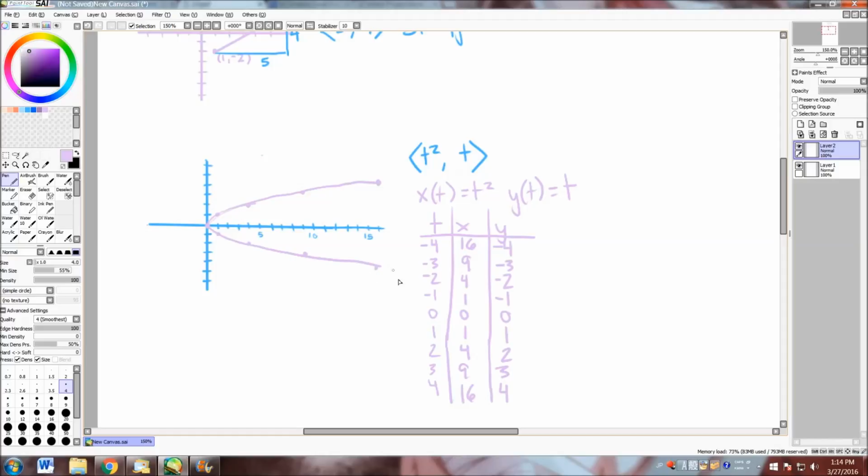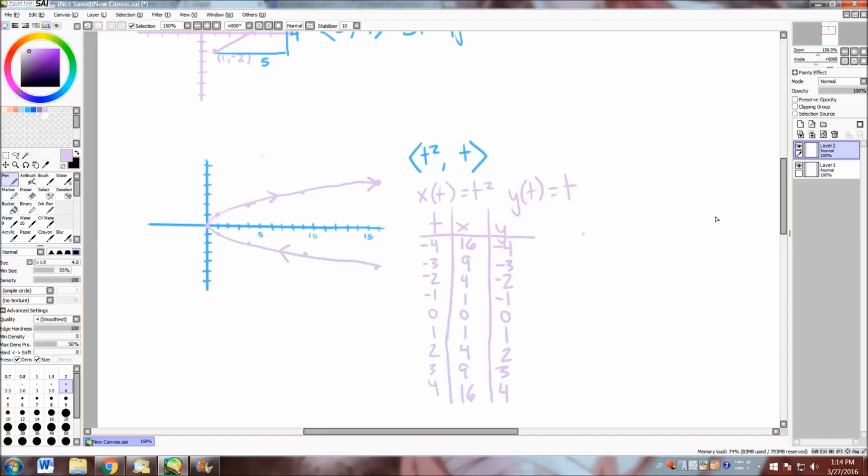This is the graph of the function. Now, we have to add arrows to indicate the direction of the vector. So we started graphing at (16, -4) and moved along in this direction, so we can add arrows that look like this. The vector moves in this direction.